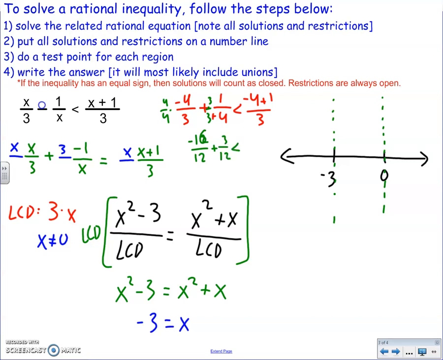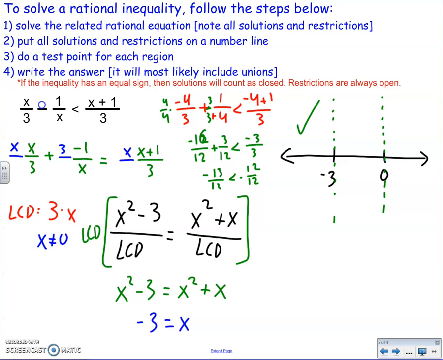So this is negative 13 over 12 is less than negative 1. And that is true, because negative 13 over 12 is a number smaller than negative 1. If I want to do common denominator here, that's negative 12 over 12. Alright, so that is true.